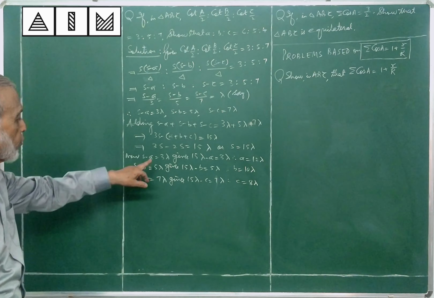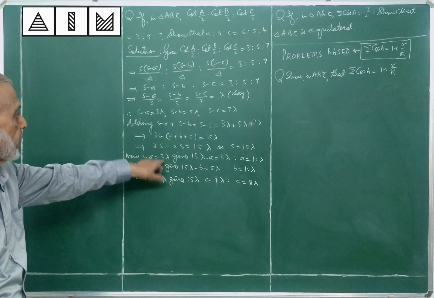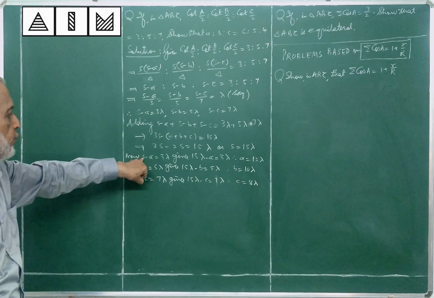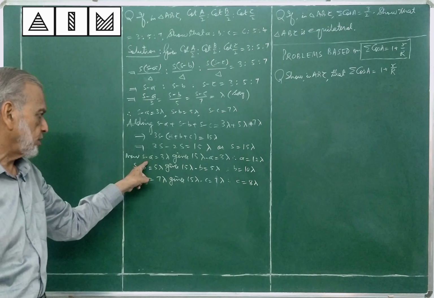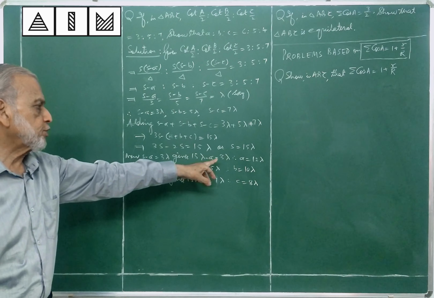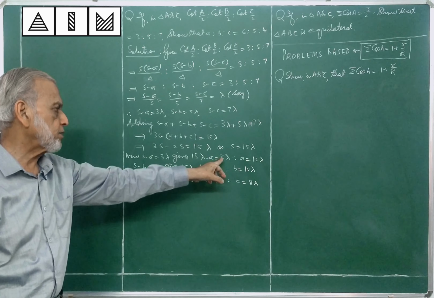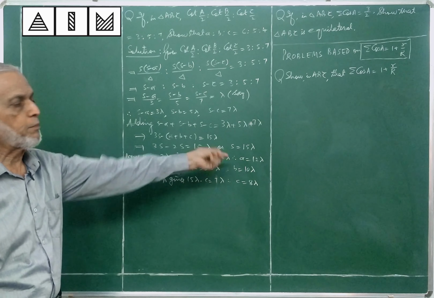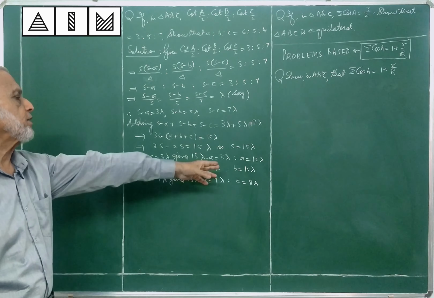Quickly have a review from here. S minus A is 3 lambda. I am substituting 15 lambda for S. 15 lambda minus A is equal to 3 lambda. This is 15 lambda minus 3 lambda is equal to A, or A is equal to 12 lambda. Similarly, B is equal to 10 lambda, C is equal to 8 lambda.